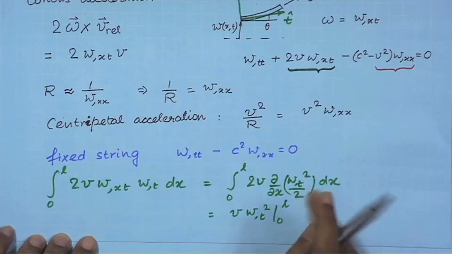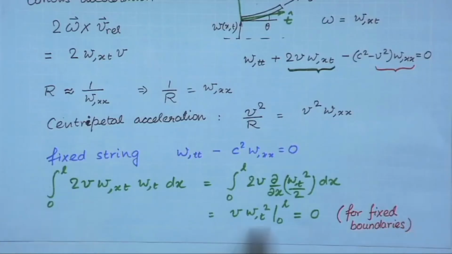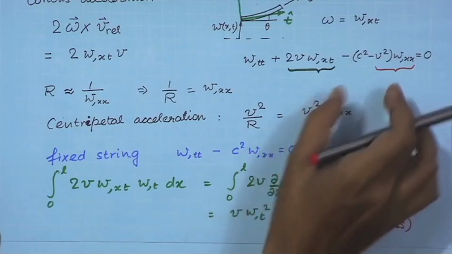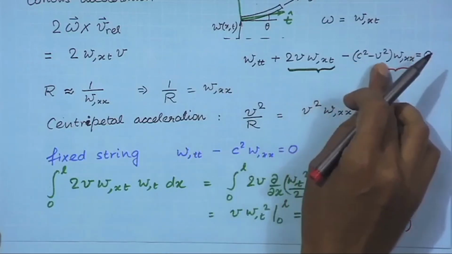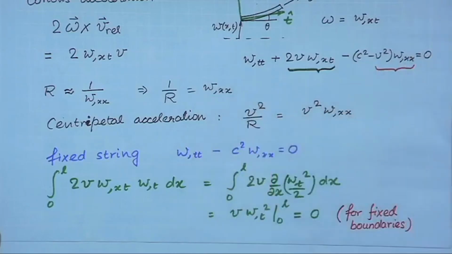Now, since we have considered fixed boundary, this turns out to be 0. So, this tells us that for the fixed boundary case, the translating string is conservative. Rest of it, as long as c is greater than v, is a conservative system.